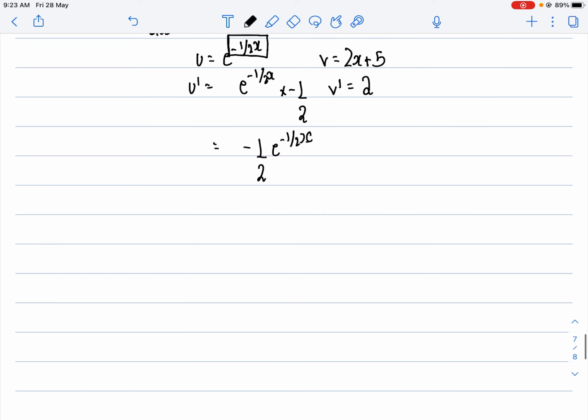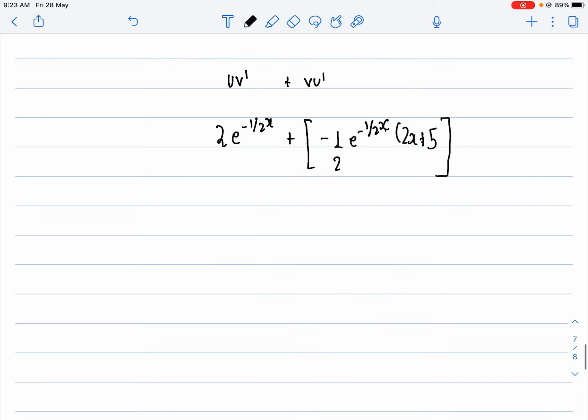So now my formula of the product rule is uv dash plus vu dash. So u into v dash is 2 into e raised to minus half x, plus vu dash is minus half e raised to minus half x into 2x plus 5.